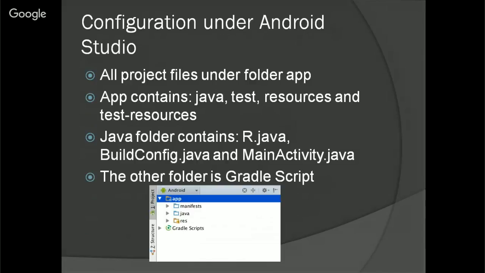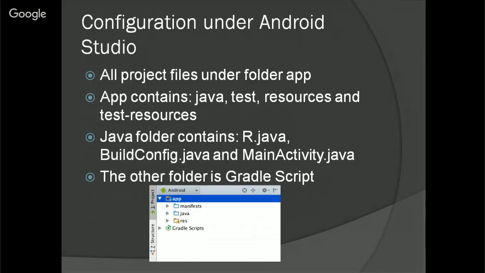Inside the test, there will be a test folder on the newer version of Android Studio. So I have written the test over there. The resources folder will also be in the newer version, but the screenshot over here is of the one step earlier version. So this screenshot is not showing the resources folder over there.